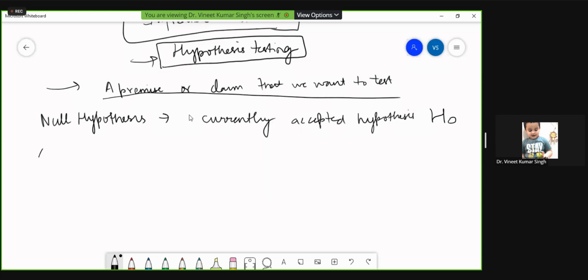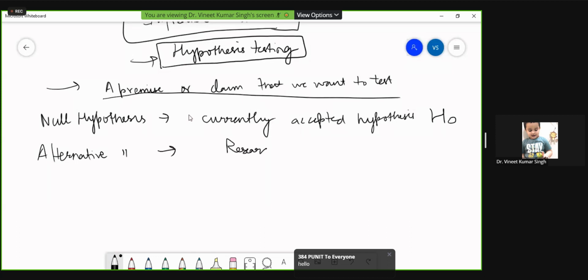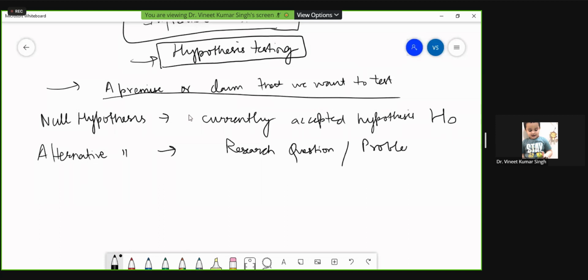Then there is alternative hypothesis, which is a research question or problem, or simply you can say the claim which has to be tested.